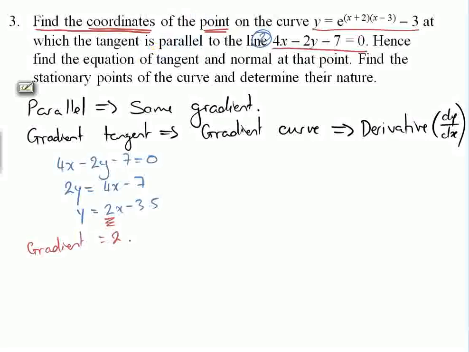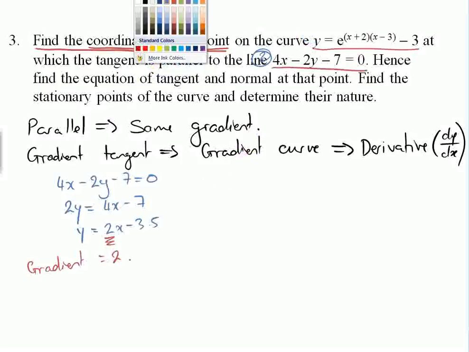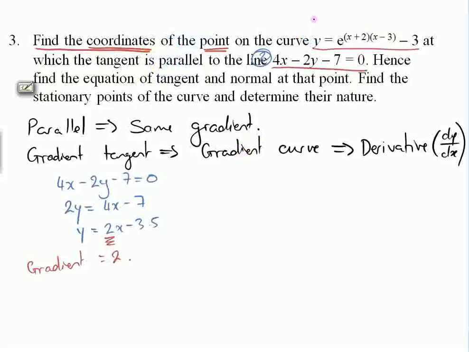So let's differentiate. Let's find dy by dx for this one now. Actually, let's not find dy by dx first. Let's instead rewrite y. I've got a bit of space up here now. So let's write this as y is equal to e to the, and if we expand this, what do we get? We get x squared minus x minus 6, and then negative 3 down the bottom.